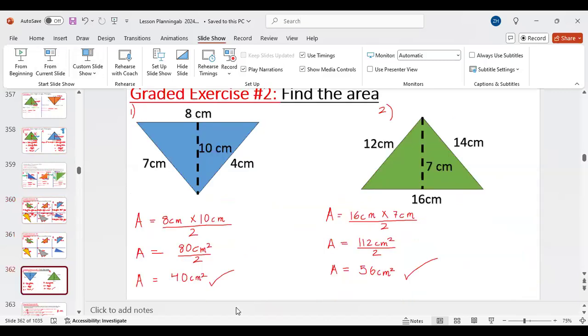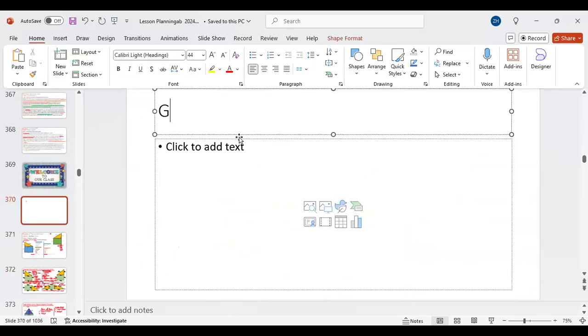All right, let's move on to the area of compound shapes. Let's see how much traction we can get on that. Don't worry about the one on the screen; we go into the second section.